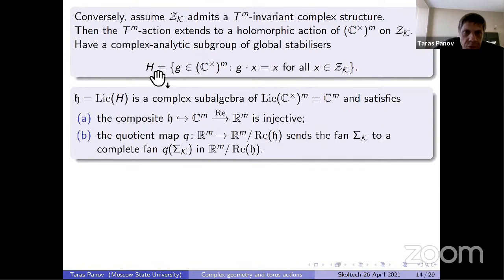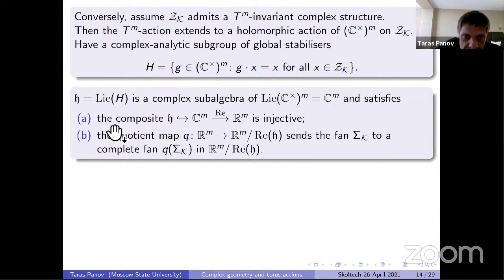So if you have a TM-invariant complex structure, then you extend it to the holomorphic action, you define the global stabilizers, then you write down the Lie algebra of this holomorphic subgroup, and that Lie algebra is precisely this complex space that you started from.